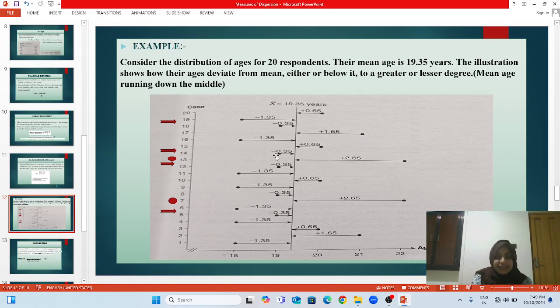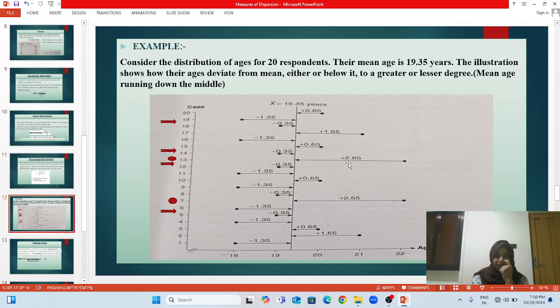From analyzing this, we can see that person 5, person 12, person 14 and person 19 show less dispersion, that is minus 0.35 spread from the mean value, and persons 7 and 13 show a higher dispersion, that is minus 2.65 and plus 2.65.